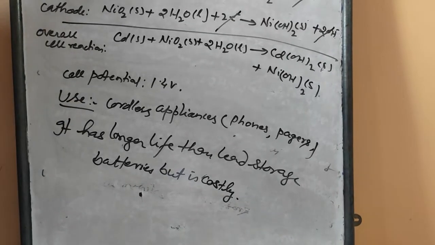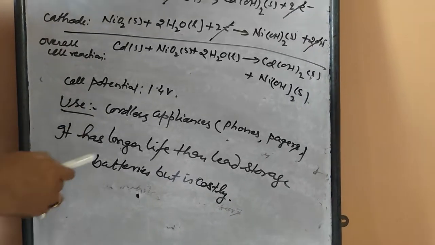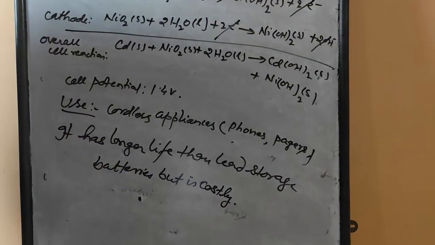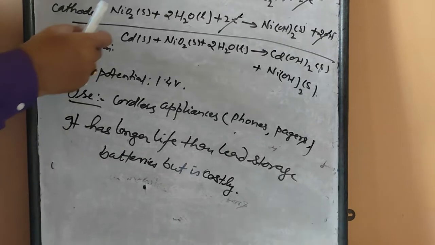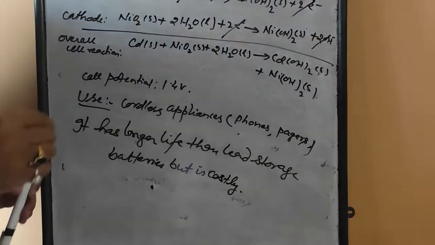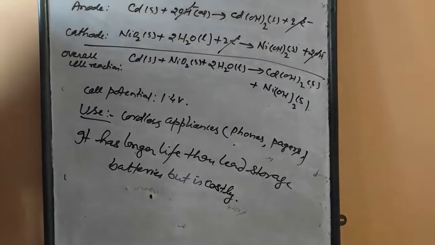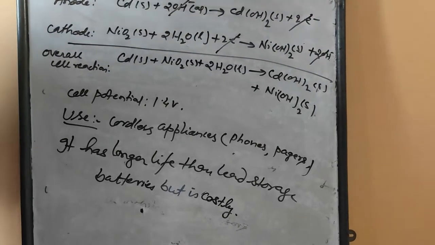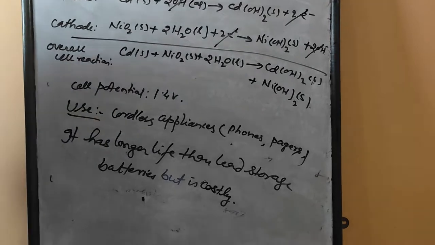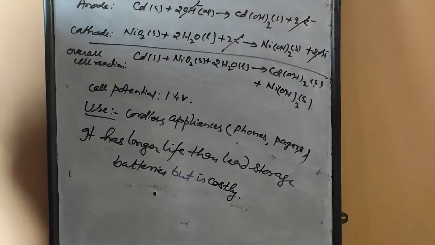Uses. This is used in cordless appliances like phones, pagers, mobiles, etc. One beauty is here that it is sealed. It is more costly than the lead storage battery, but it has a longer life.